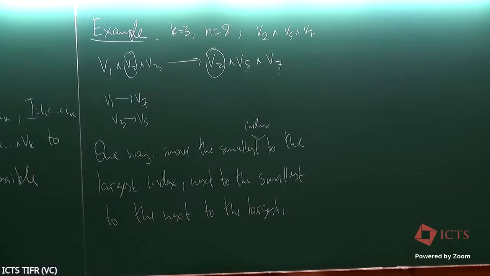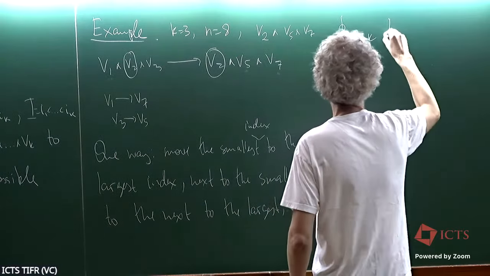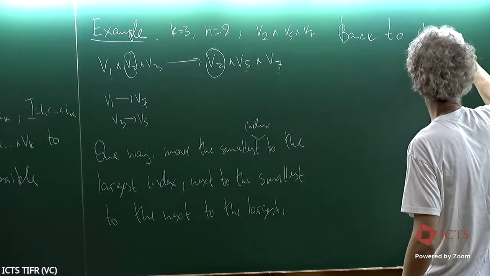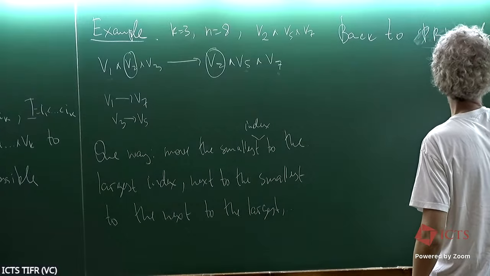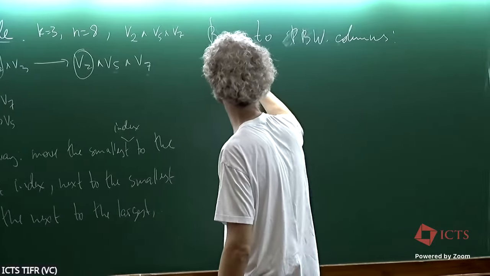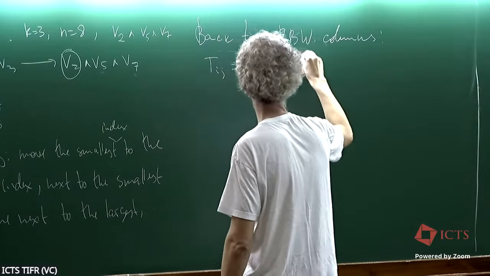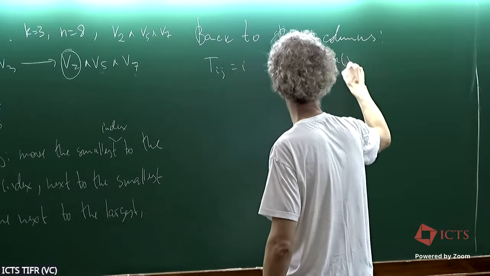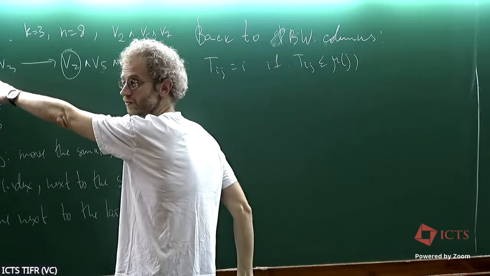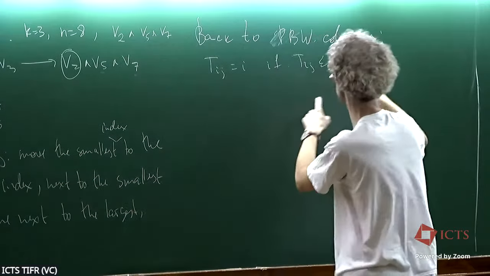So back to semi and to the PBW columns. So the condition that Tij equals i, if Tij is less or equal than mu of j, is equivalent to saying that if we have an index which is no larger than k, so k is exactly this mu j, right?